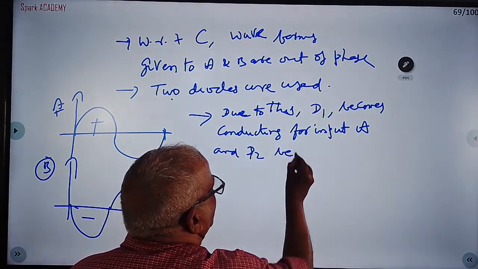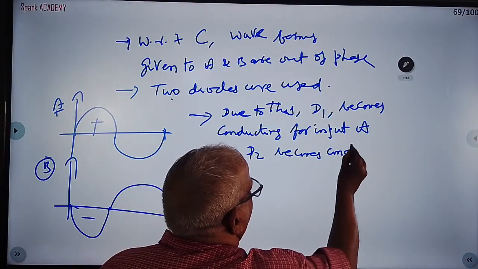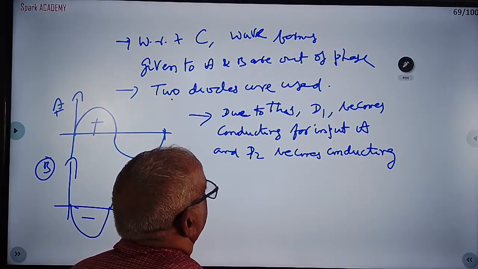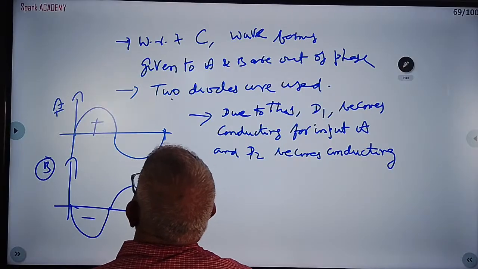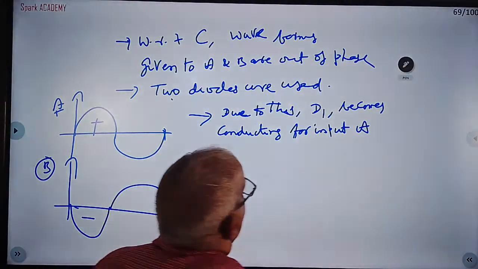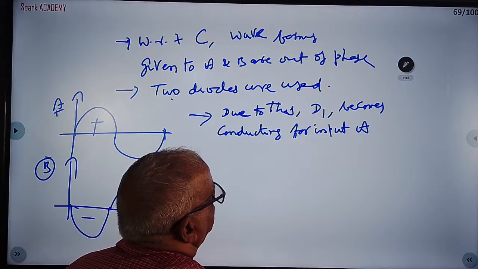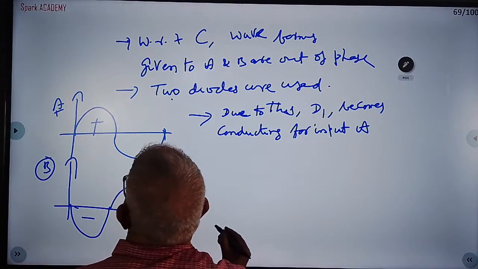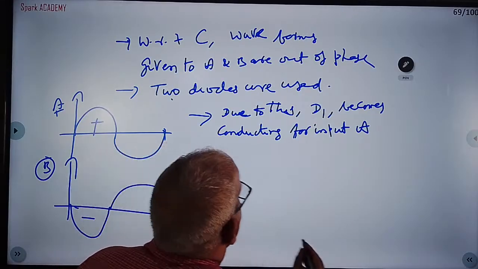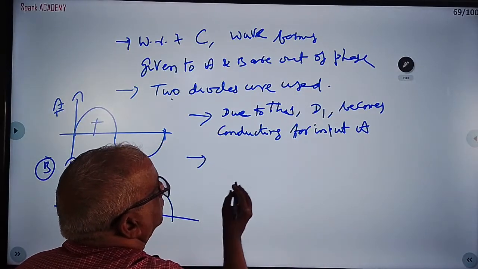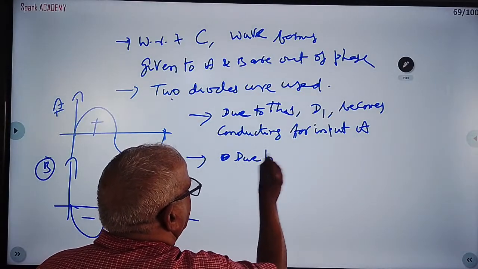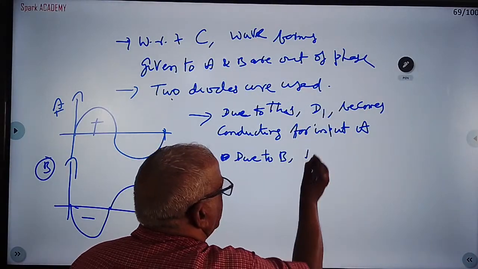D2 becomes conducting for the positive half cycle of B. So D1 becomes conducting for input A but not conducting for B. Due to B, diode D2 becomes conducting.